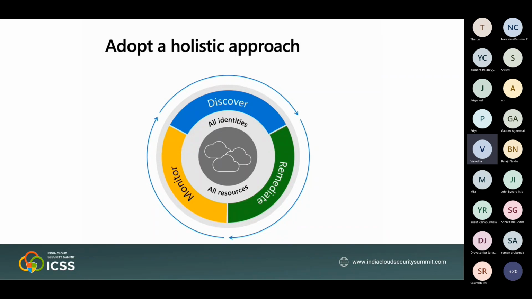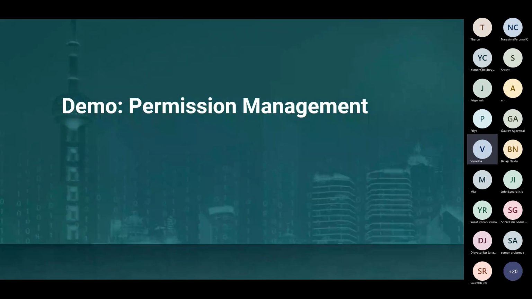So the Microsoft Entra permission management deepens the zero trust security strategy by augmenting the least privilege access principle. And next, we are going to see the detailed demo on Microsoft Entra permission management and the phases. And it will be handled by my colleague Narsima Perumal. Over to you. Thank you.